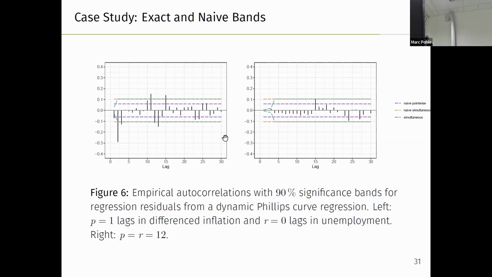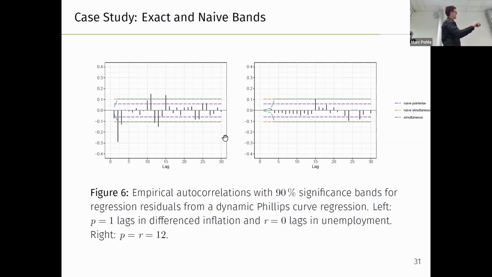We see that for the first 2 lags, the corrected band is much less wide, and then it's almost identical to the naive band. We explain this in the paper a bit with a theoretical example. The bands show this behavior so that the correction becomes relevant for the smaller lags.